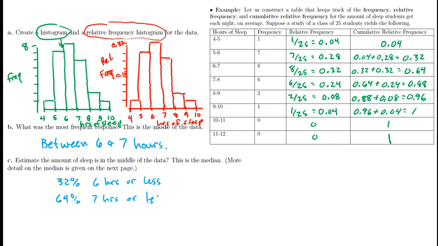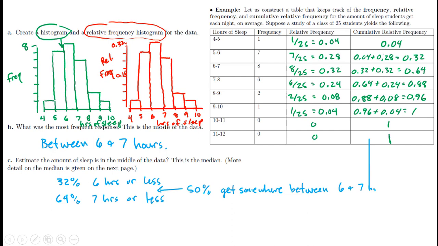So when I'm looking for the median, I'm looking for what's in the middle, where I'm looking for 50%, right? So that means that 50%, half, get somewhere between 6 and 7 hours of sleep.